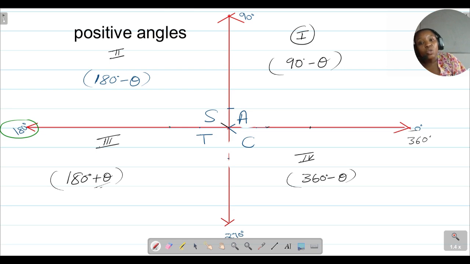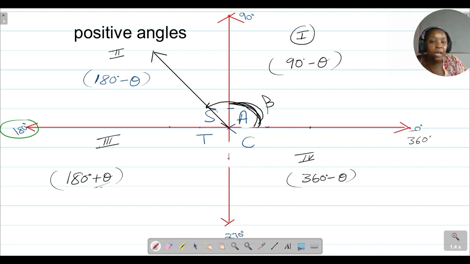And lastly, if you wanted to determine this angle, you can also look at it like this. So I've got my angle there. Maybe you want to determine the size of this angle beta. For us to determine that angle beta, we already know that from here to here we've already made that full 90 degrees.